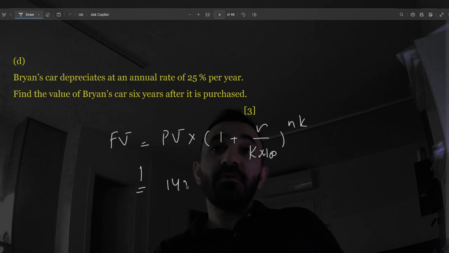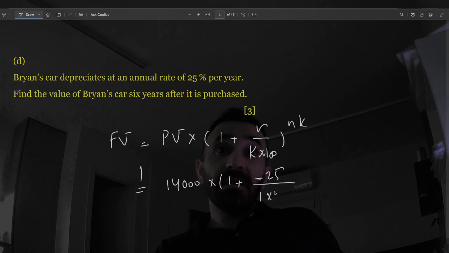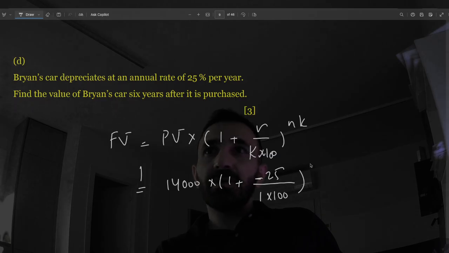What is the present value? 14,000 times 1 plus R. What is R? R is 25, but it's negative. Remember, it's negative because it's a depreciation case. Okay, K is going to be 1. In all the depreciation questions, K is going to be 1 per year. Find the value of the price after 6 years.